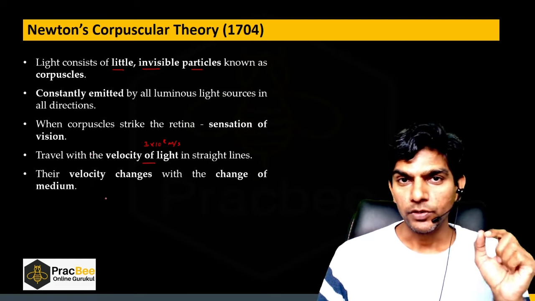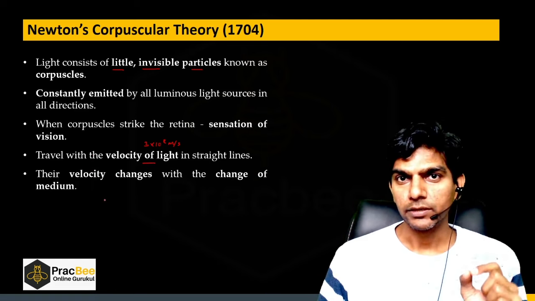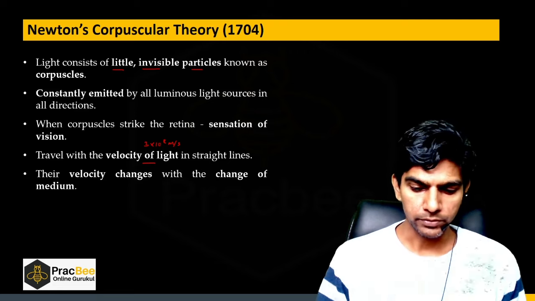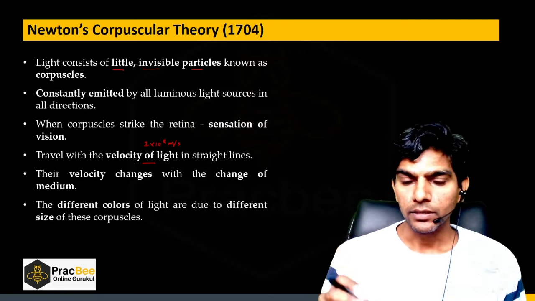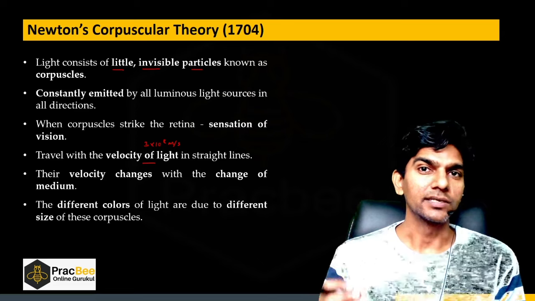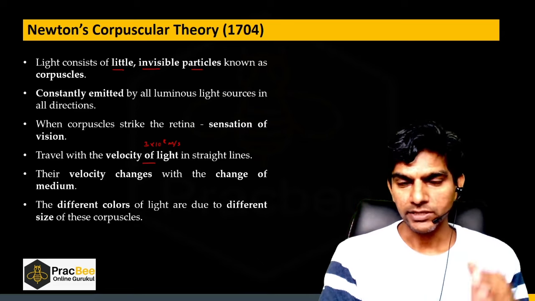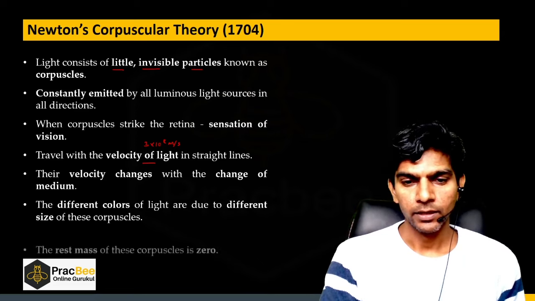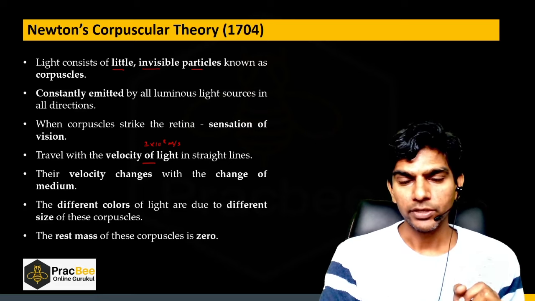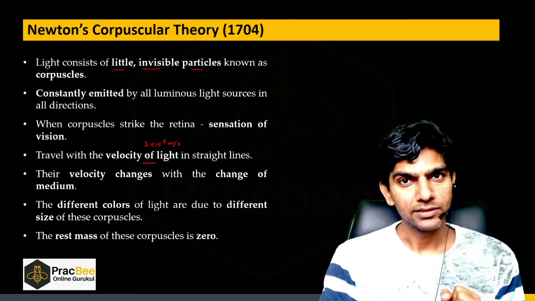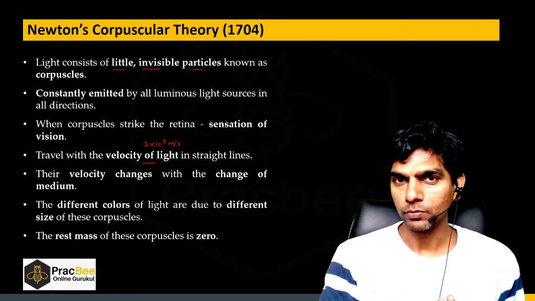And the velocity changes as these particles move from one medium to another medium. And different colors of the light are because of the different sizes of the corpuscles. So these are the key points about this particular theory. And there is one more important point, that is the rest mass of these particles is 0. So you have to keep these points in your mind.